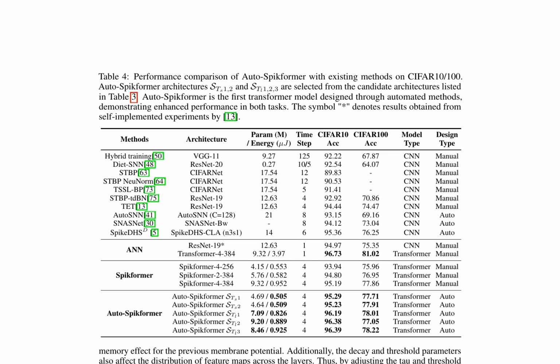This model demonstrates enhanced performance in both tasks, showcasing its potential in the field. A detailed table presents various models' parameters, energy consumption, and accuracy, including Auto-Spikformer's variants. This table clearly illustrates Auto-Spikformer's superiority in energy efficiency and accuracy, making it a promising solution for future applications.